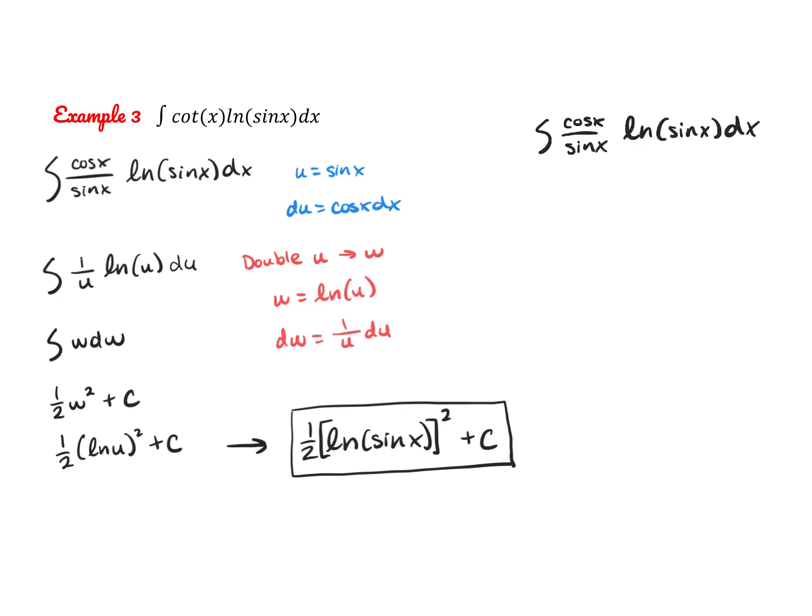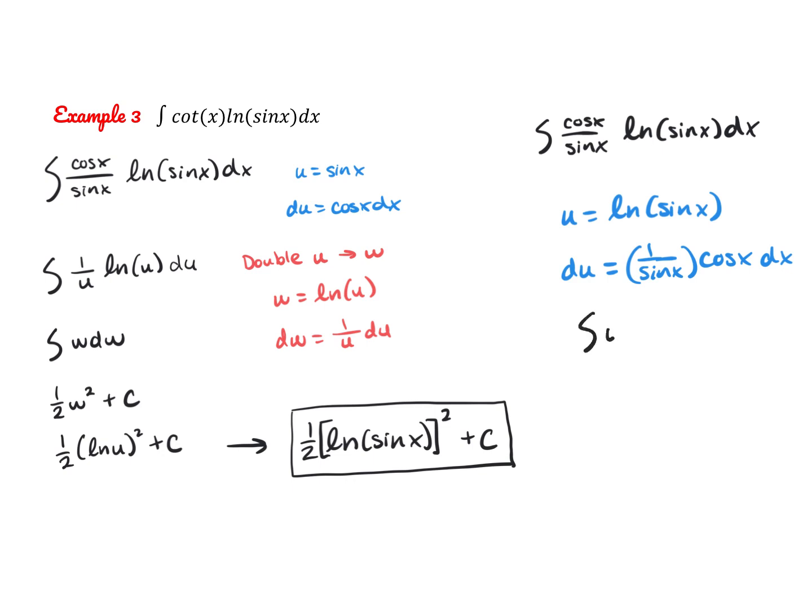So for this one, if I actually set u equal to the natural log of sine of x, and I take the derivative of that, the derivative of the natural log is 1 over sine, and the derivative of sine, by the chain rule, is cosine, and so we actually end up with exactly what we would like to substitute out. So we actually have a function and its derivative in there. So it actually works out really well.